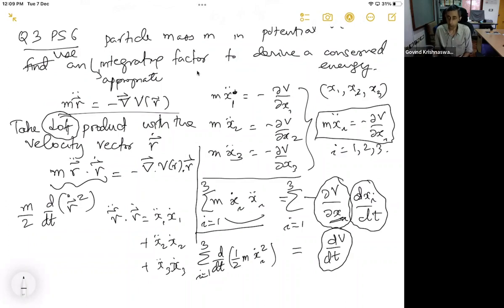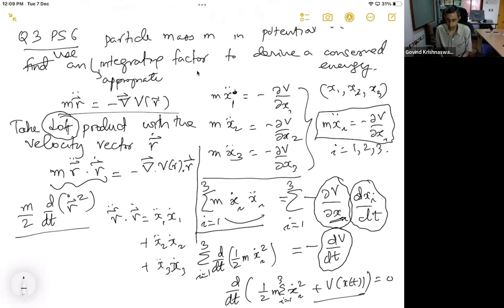So combining these two, you will conclude that d by dt of half m xi dot squared, summed over i from 1 to 3, plus V of x of t is equal to 0. So now you have your conserved energy, and one could do the same thing in vector notation as well.